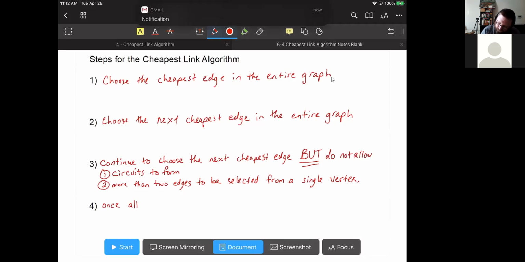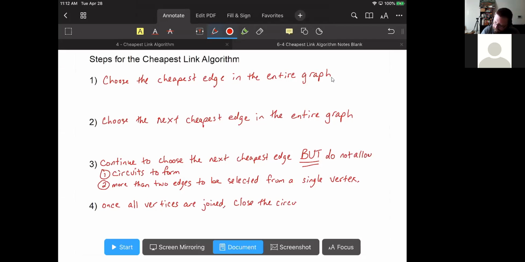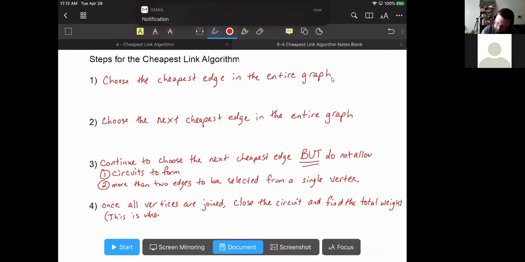Once all the vertices are joined, we will then close the circuit and find the weight. Now it's worth noting that this is where we care about the starting and end point.